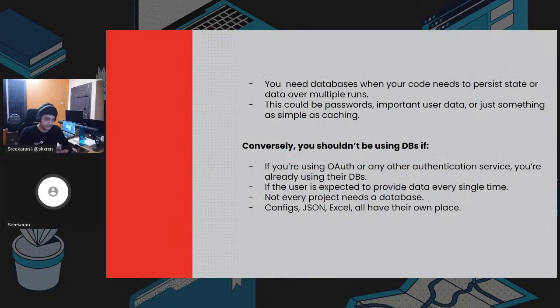The reason I'm talking about this is I see a lot of people integrating databases into projects just for the sake of integrating databases. For example, if you don't need to store data at all while the app is running, then you probably should not be using a database.